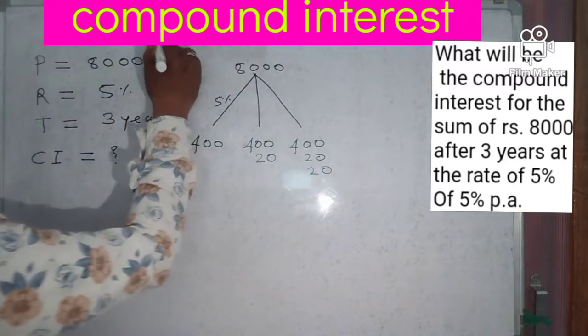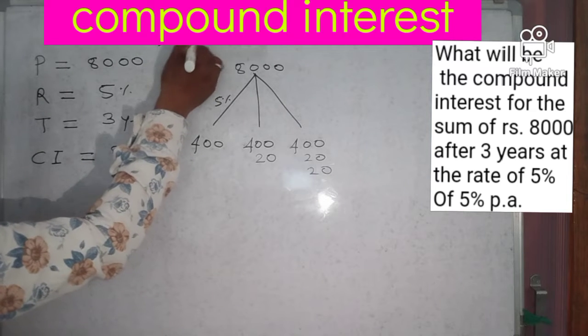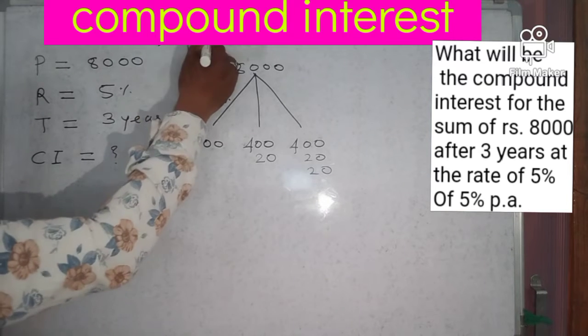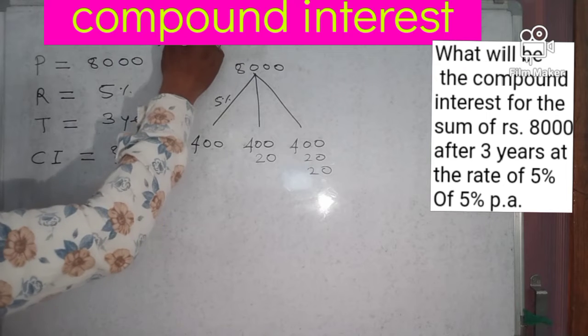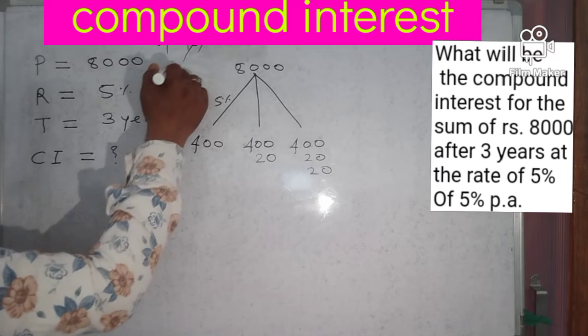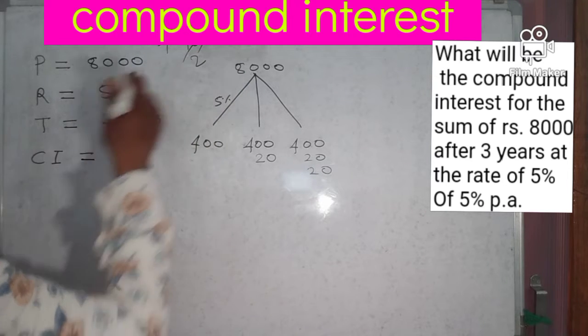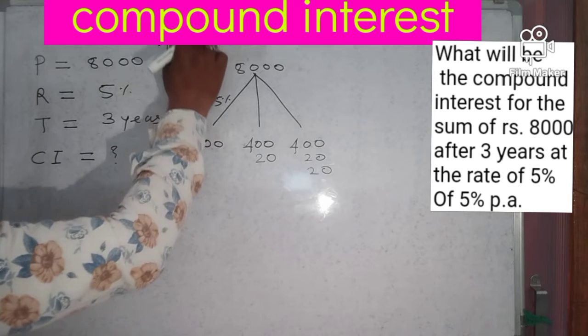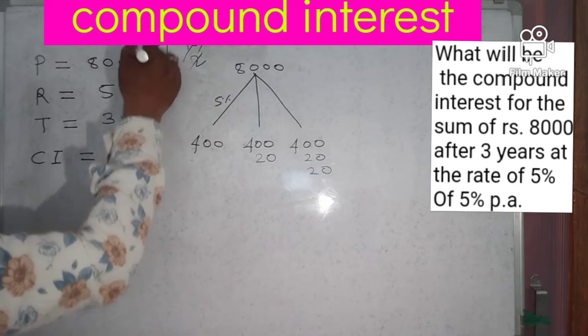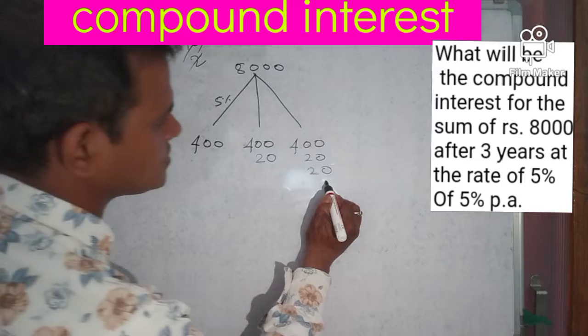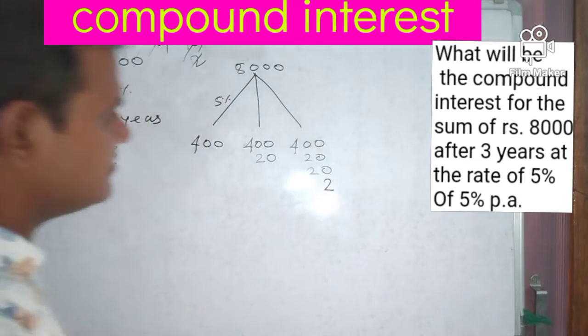So 20 times 5 by 100, zeros cancel, 5 to the 10 and 2 cancel, so this will be 2.